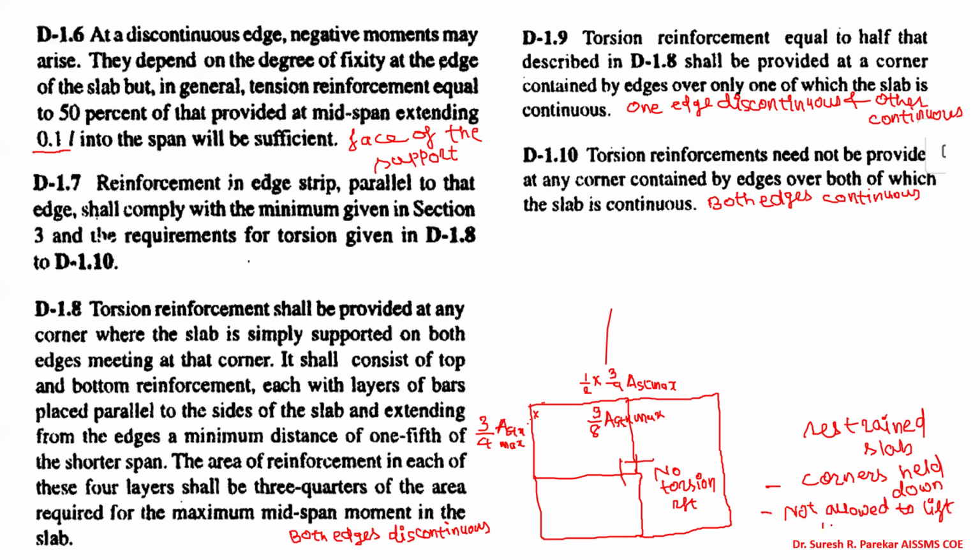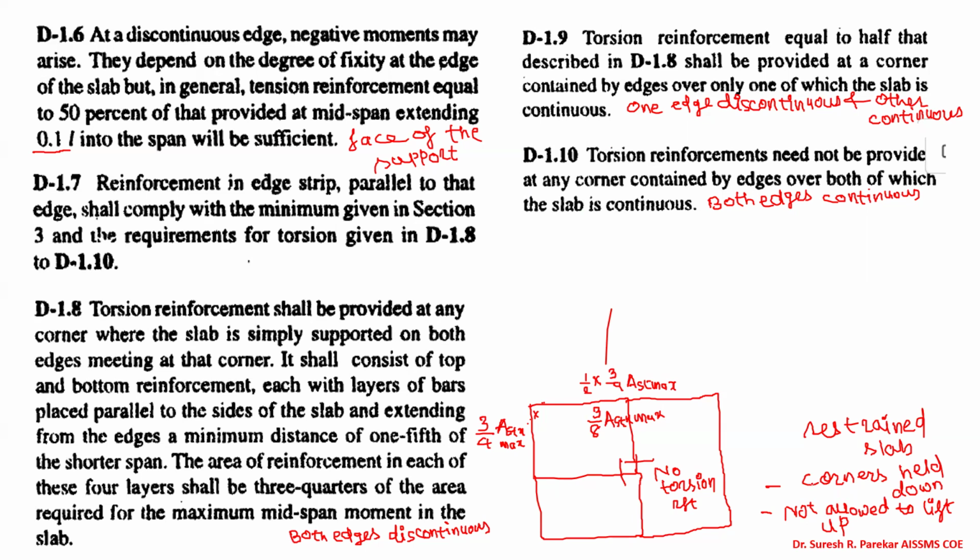So whenever we are going to restrain anything, moment will be developed, and to resist that moment, we have to provide reinforcement. Here we have torsion, because lifting means a moment perpendicular to the plane of the slab, and as it is perpendicular to the plane of the slab, therefore it will be torsion. And if corners are held down, torsion will develop, and we have to provide torsional reinforcement.